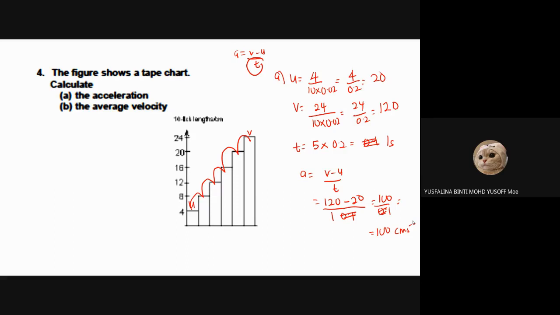Good. Alright, so let's see B, average velocity. For average velocity, you have to total up all the lengths of the strips here. So 4 plus 8 plus 12 plus 16 plus 20 plus 24.